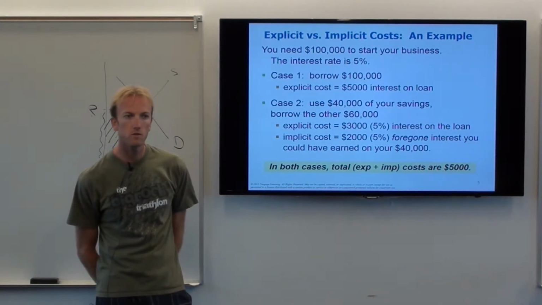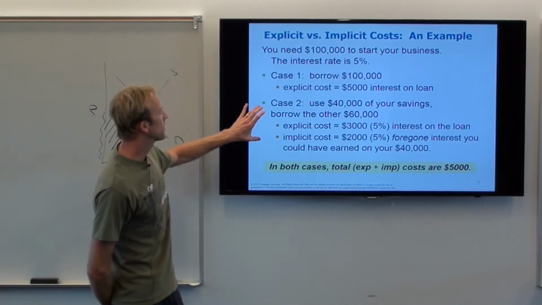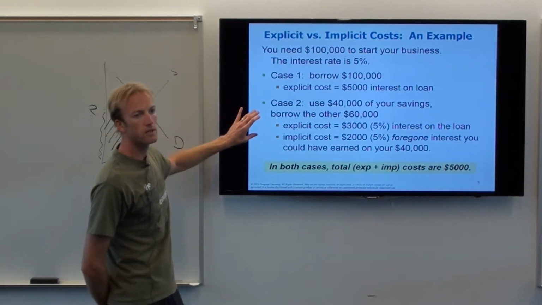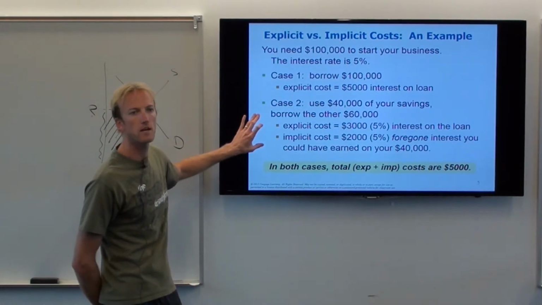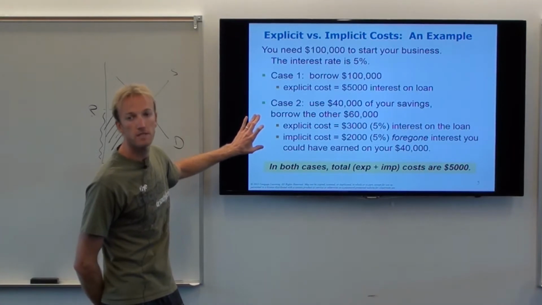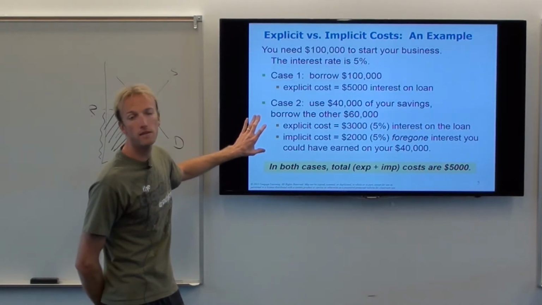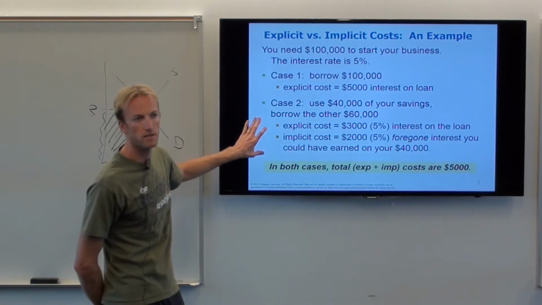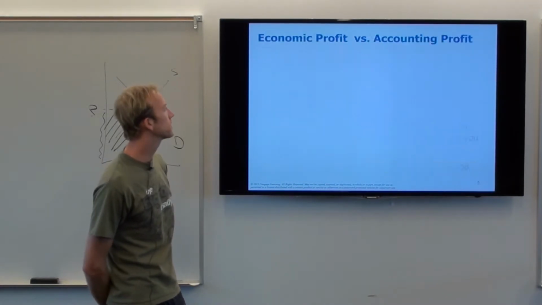That make sense? So really, these are both equally costly scenarios. If it costs $100,000 to start your business, whether you have to borrow all of it or none of it, it's still going to cost you whatever the interest rate is, in order to start your company.